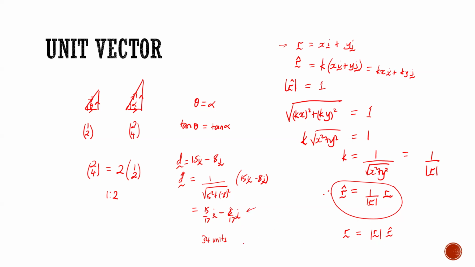And so that vector, if I called it uppercase B, would be 34 times 15 out of 17i minus 8 out of 17j. And that would be 30i minus 16j.